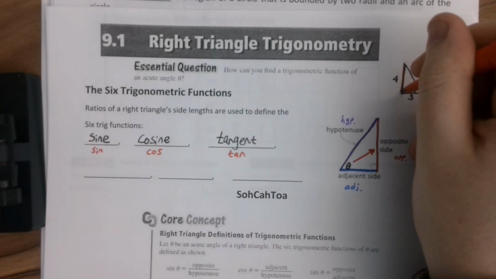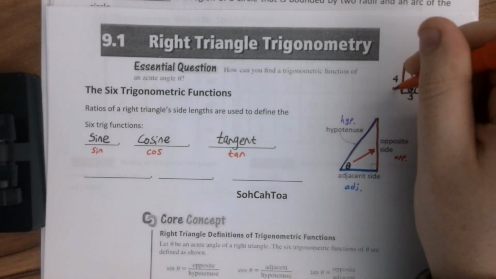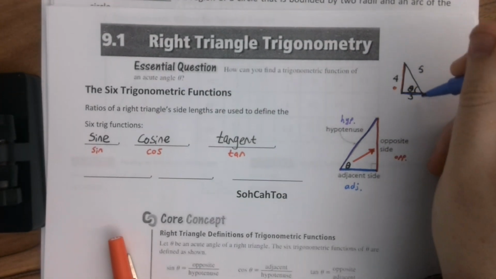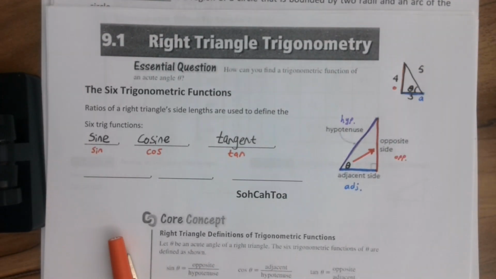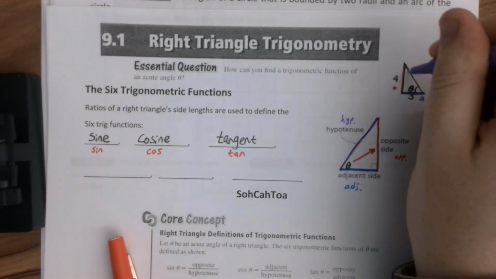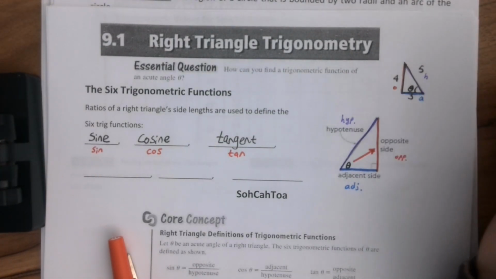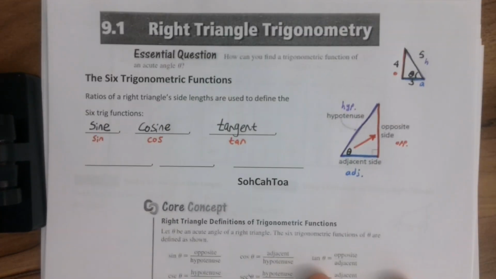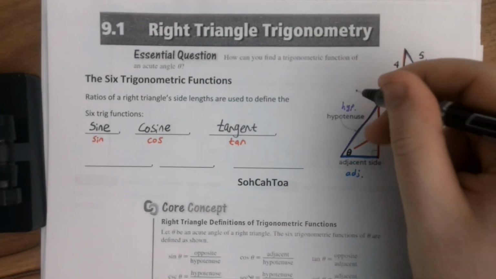First of all, the opposite side is 4, so I'm going to label this as O for opposite. The adjacent side is 3, so I'm going to label that A for adjacent. And our hypotenuse is 5, I'm going to label that H. So we could find a bunch of different relations. For this angle alone, as of right now, we know how to find 3 of them.